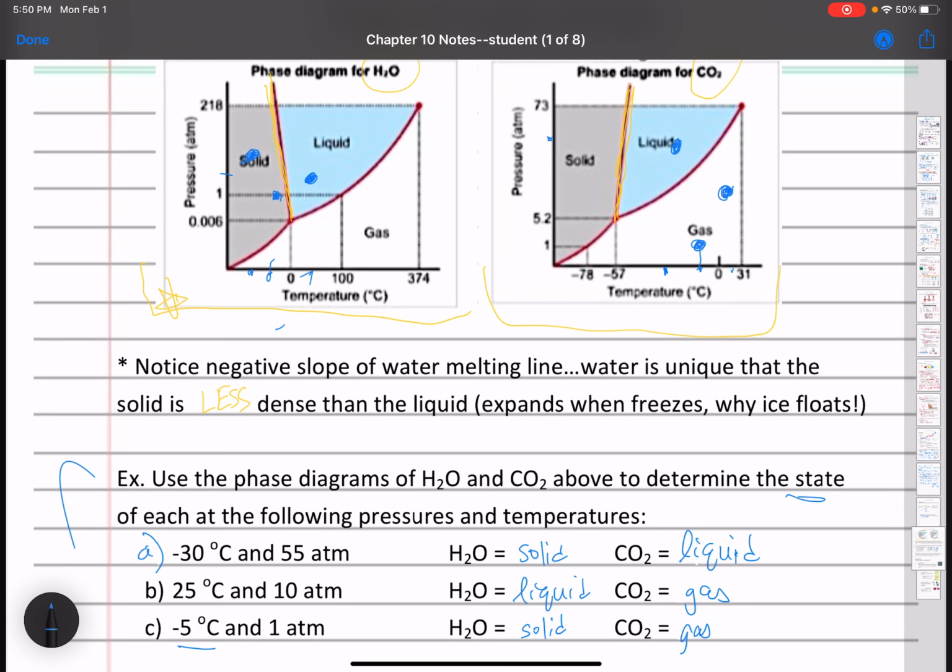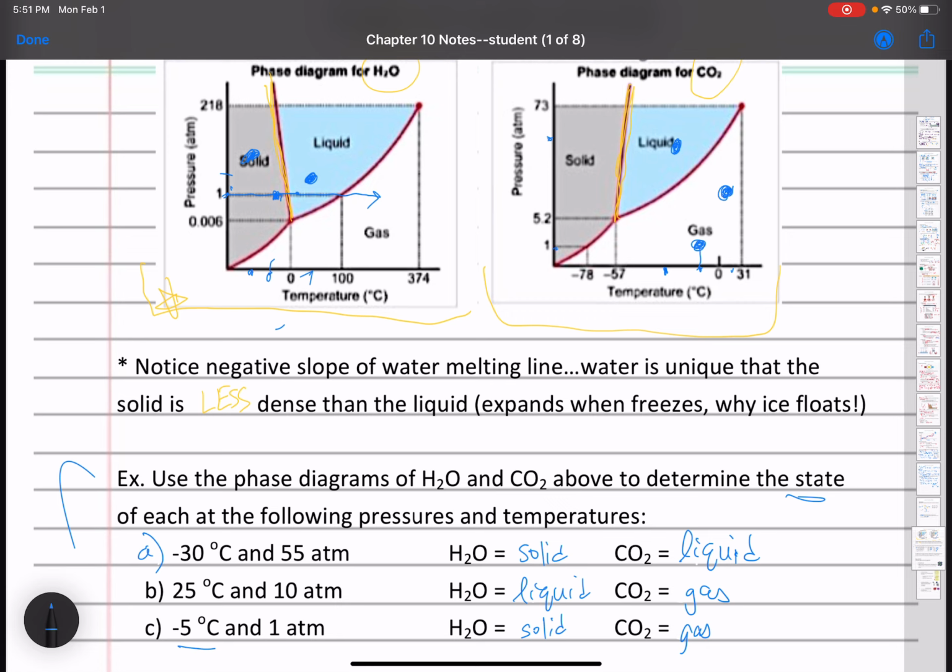The phase diagram is also really cool because it shows us that at 1 atmosphere, normal atmospheric pressure, if you have a piece of water that is frozen into ice, and you heat it up, it's going to first melt into a liquid, and then it will boil into a gas. It goes through 2 phase changes.